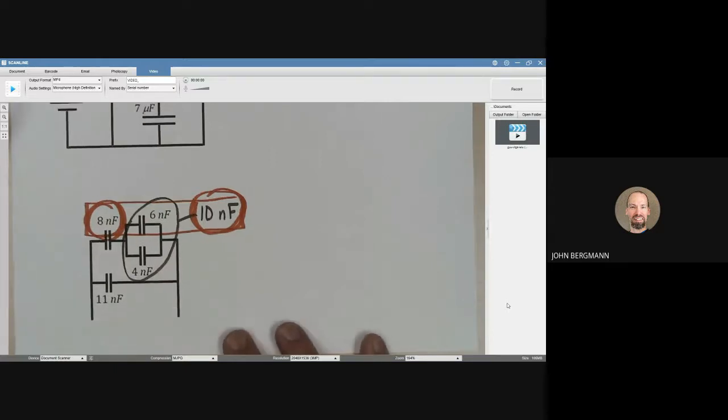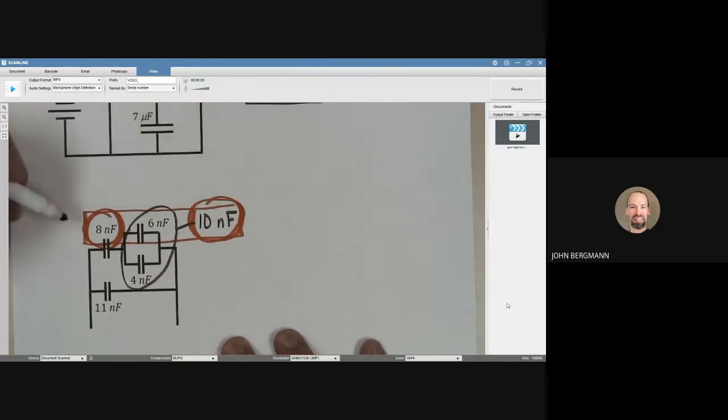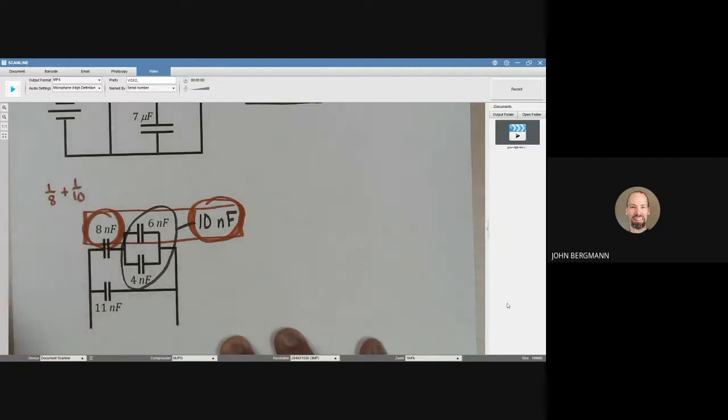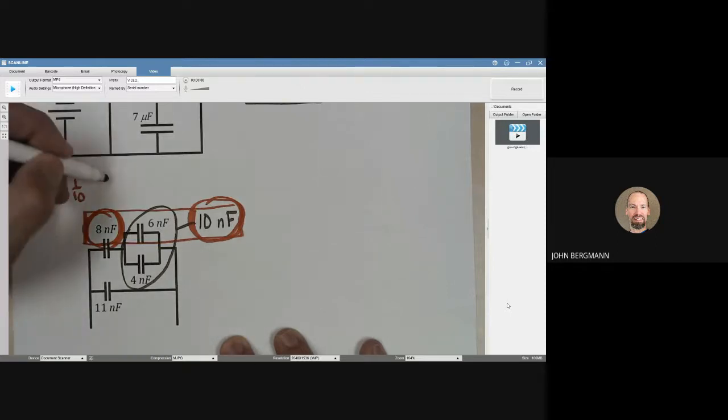In series, we'd have to use the 1 over equation. So we'd go 1 over 8 plus 1 over 10, and then you would add that up and take the reciprocal of that. In effect, you end up doing that: 1/8 plus 1/10, add them up, and then 1 over that. You probably need a calculator for that, which is fine.